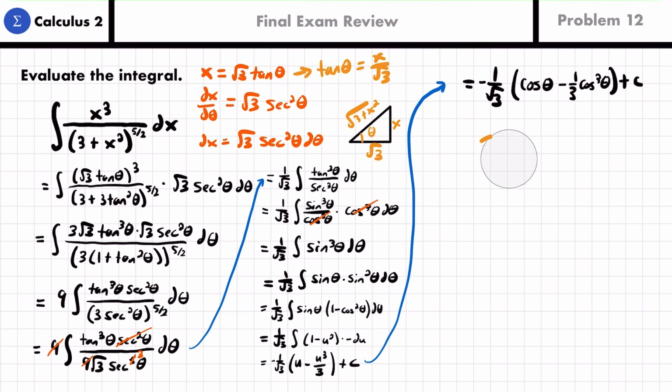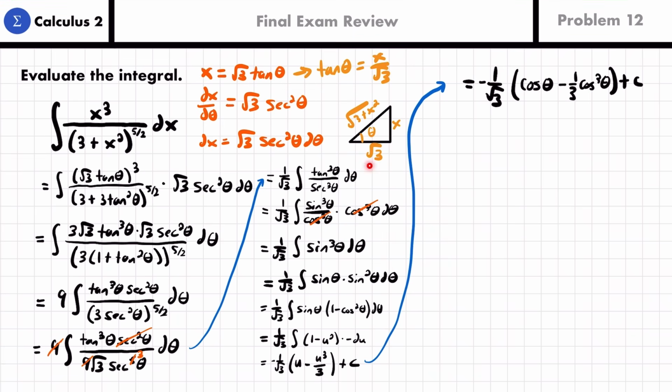And now that we have those three sides of the triangle identified, we can rewrite cosine theta in terms of x. Because using this triangle, we know that cosine of theta, or cosine of that angle, will be equal to the adjacent side divided by the hypotenuse, right? Remember from SOH CAH TOA that cosine is the adjacent divided by the hypotenuse.